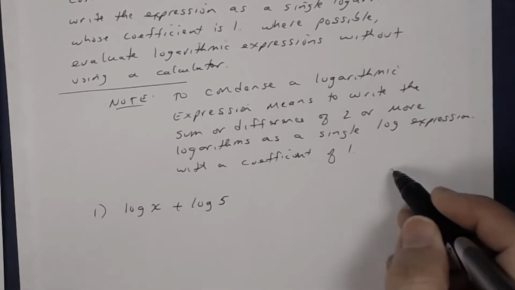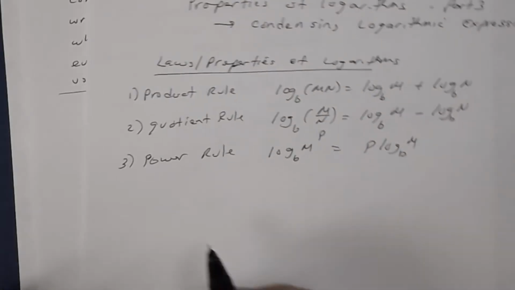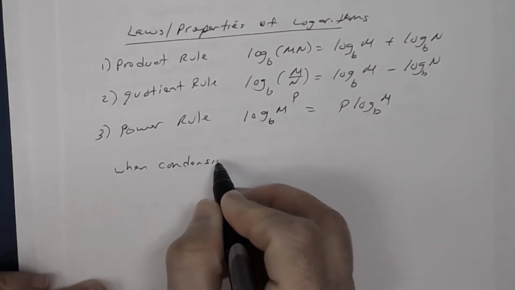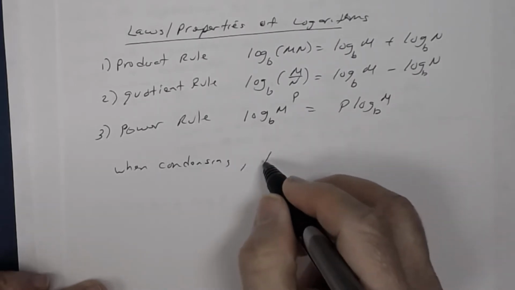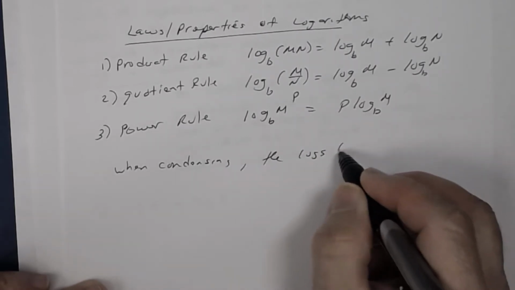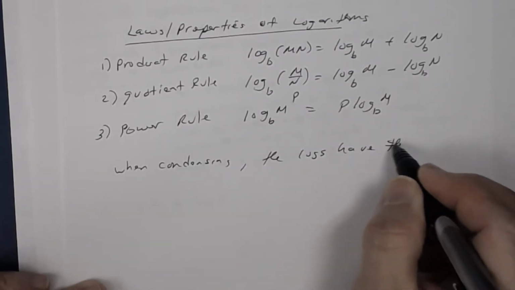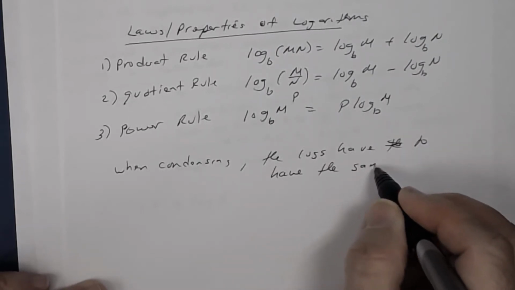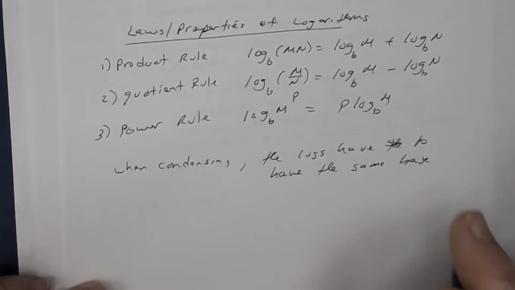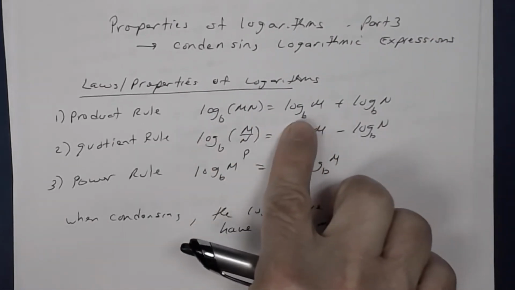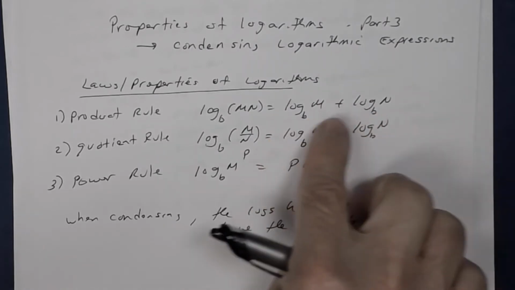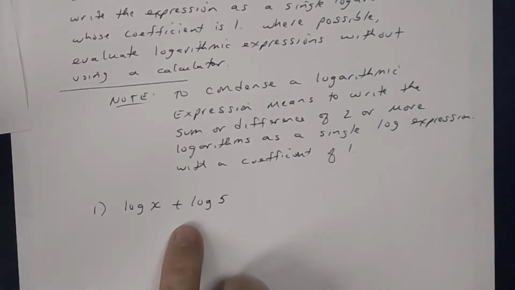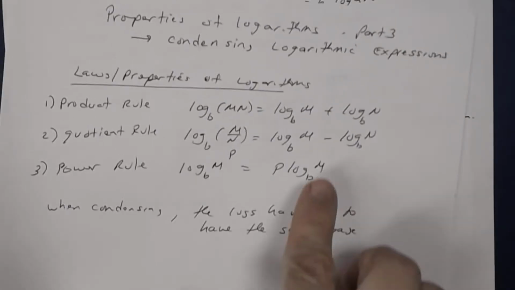Keep in mind that when condensing, the logs have to have the same base. Okay? All right, so keep that in mind. So when you go in like this, see how the bases are b, b? They're the same, right? Okay? All right, so when you have the sum of two logs, what does that look like?